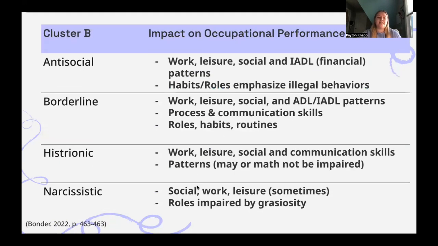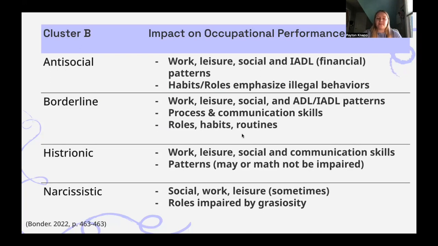For cluster B, for antisocial, we'll see possibly a negative impact on work, leisure, social, and IADL, specifically financial and money management patterns, and then habits and roles emphasize illegal behaviors. For borderline personality disorder, again, there will be an impairment in work, leisure, social, and ADL and IADL patterns.